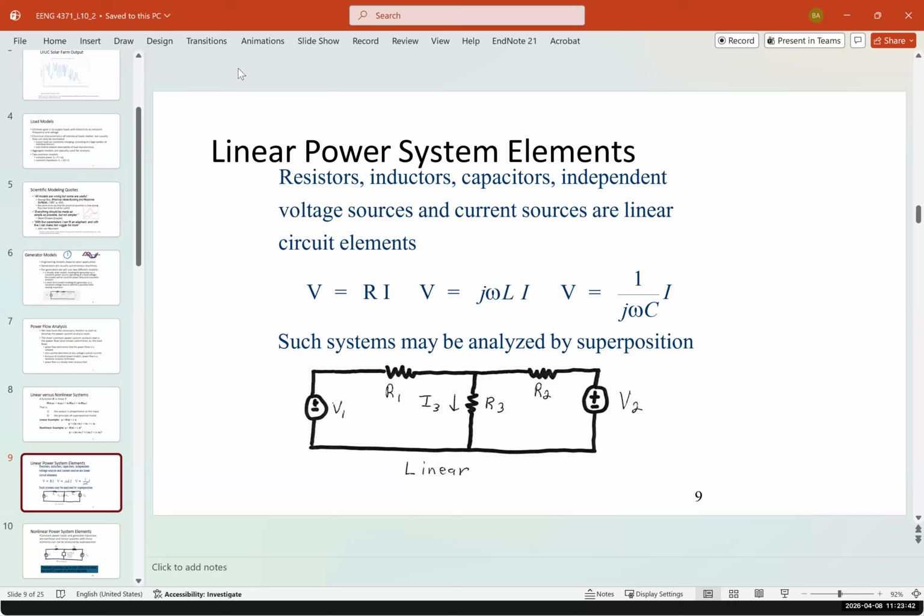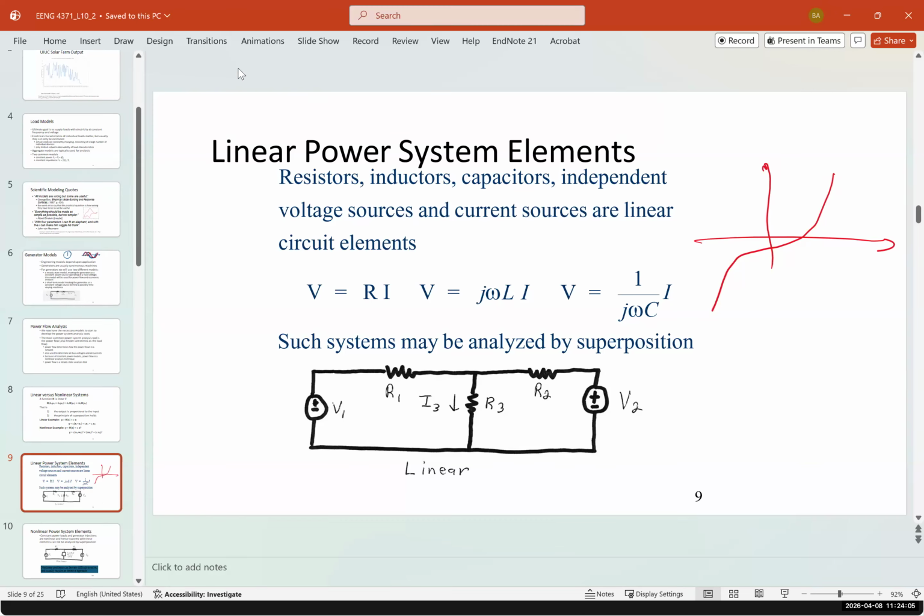Can you give me an example of a nonlinear element? Regulator feedback. Yes, that's great. Another very simple one is a diode. A diode is a nonlinear system. This is a graph for a diode. For a resistor, the graph looks like this. Yes, a diode is completely nonlinear.